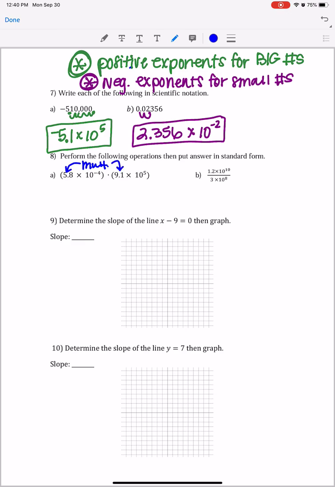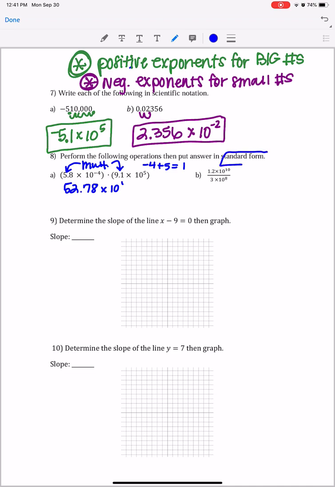When you multiply 5.8 times 9.1, you get 52.78 times 10 to the, now add your exponents. So negative 4 plus 5 is 1, so I got 10 to the 1.